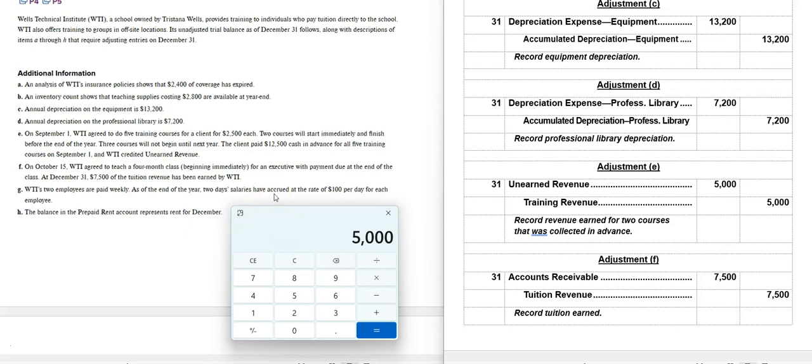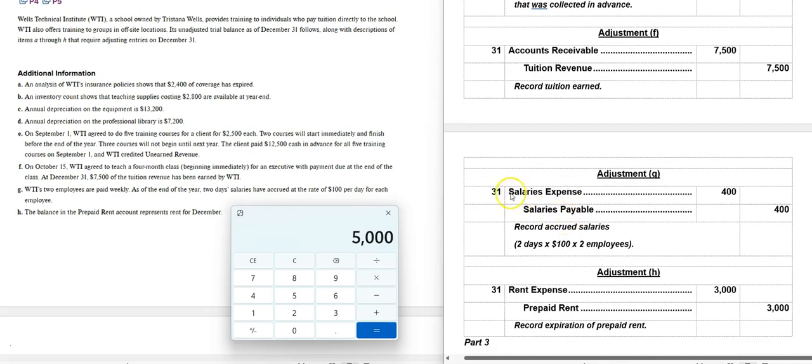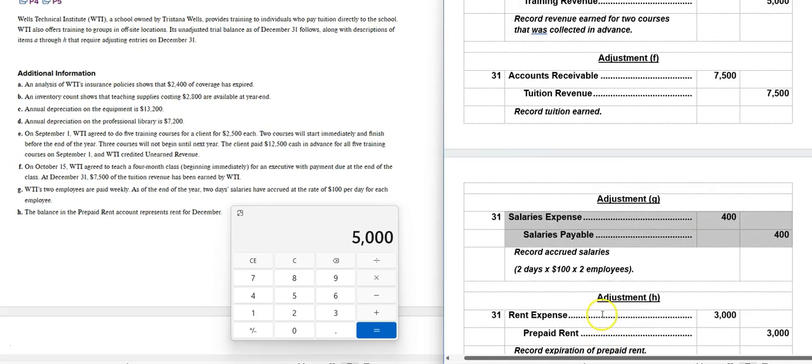We are going to record it as an expense incurred, but not paid. We are going to debit salaries expense, increasing the expense, and credit the liability. Record the liability incurred because we haven't paid our expense. Debit salaries expense, credit salaries payable.